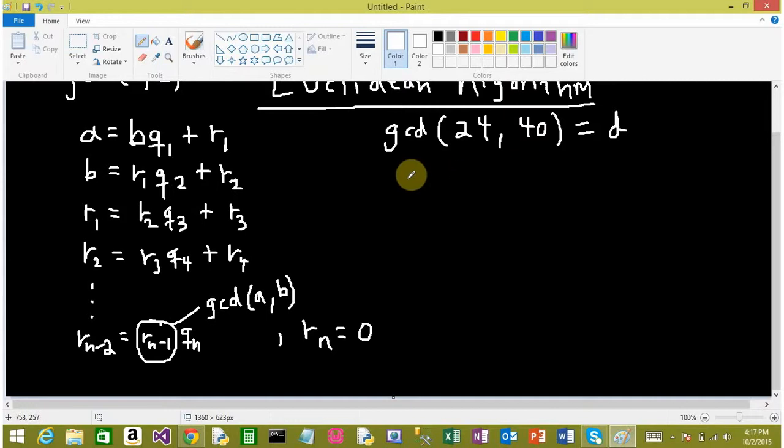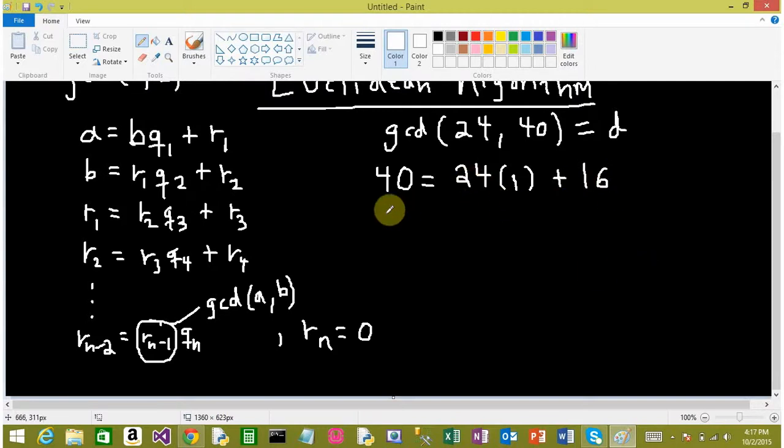We're going to start off with 40 equals 24, and we know 24 goes into 40 one time, plus 16. 24 plus 16 is 40, so 16 is our remainder.